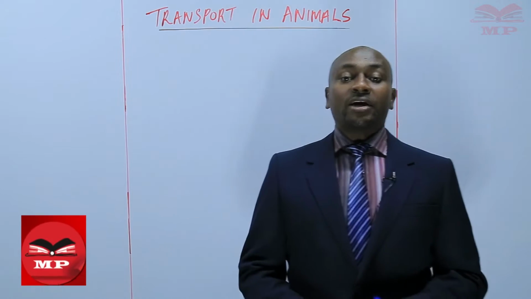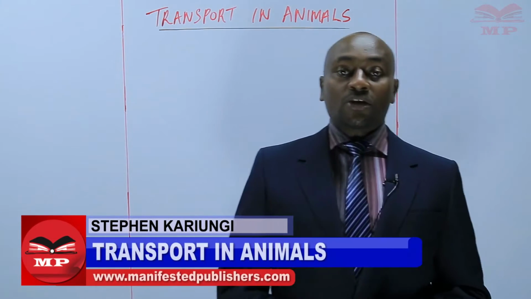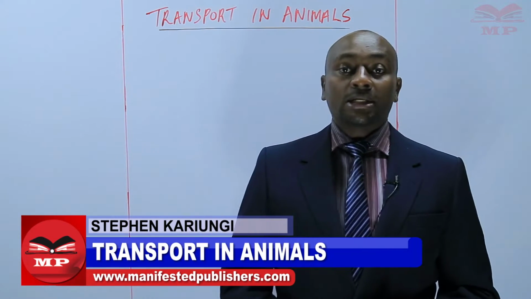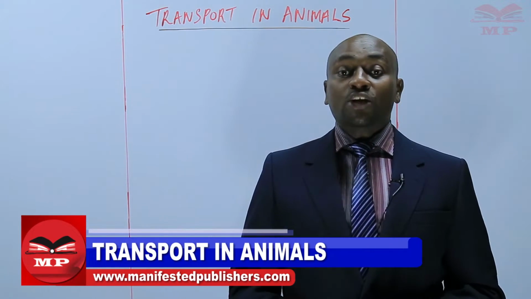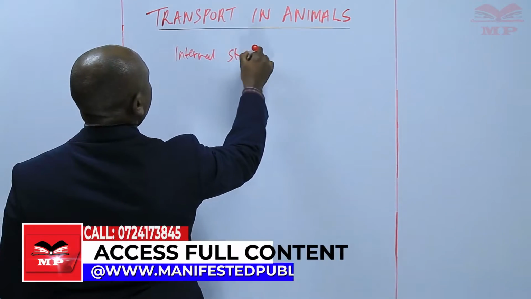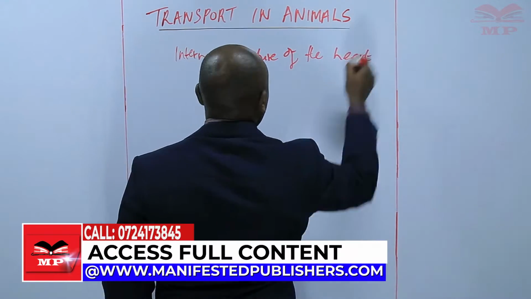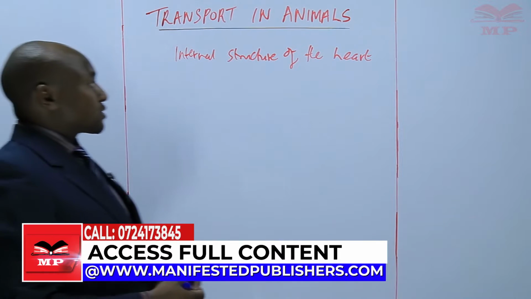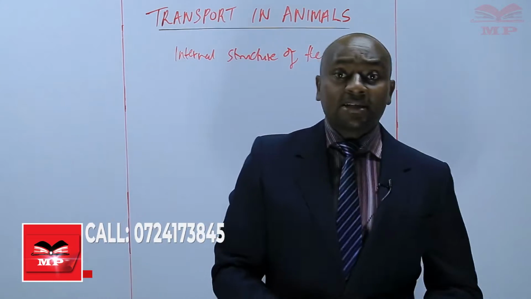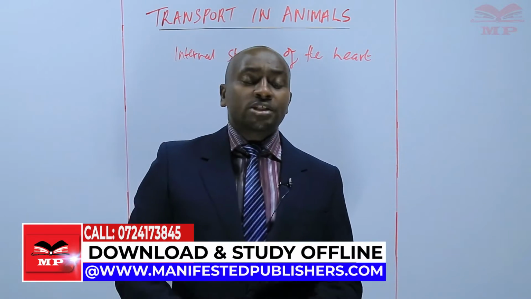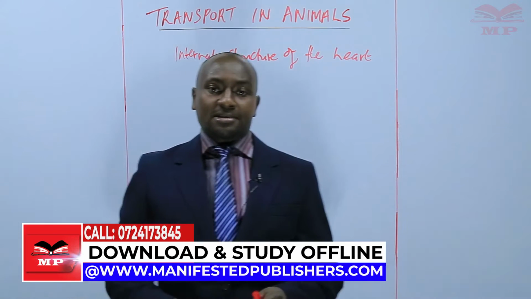We continue with our discussion on the structure of the heart. Today, I want us to discuss the internal structure of the heart. The first thing about the internal structure of the heart, specifically the mammalian heart, is that it consists of 4 chambers.